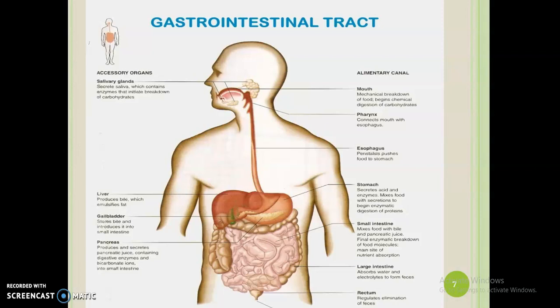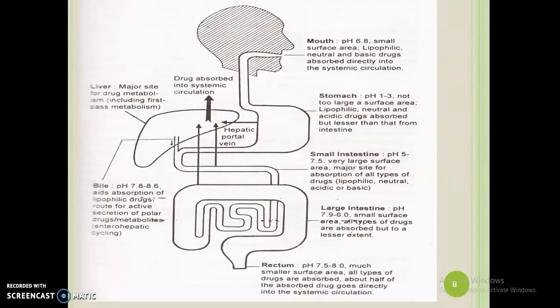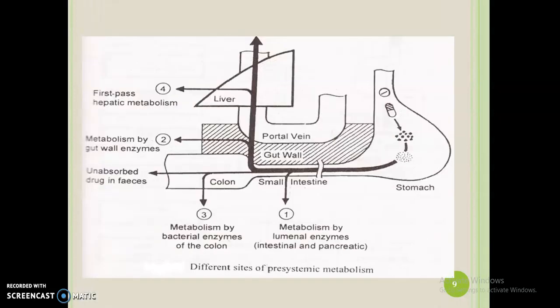Finally, the rectum and the anus. So this is the same diagram with different pH and different functions. These are the different sites of pre-systemic absorption or metabolism.